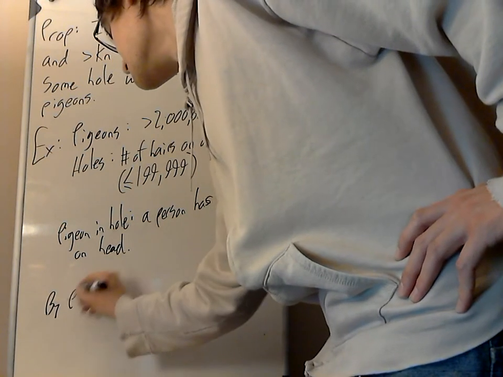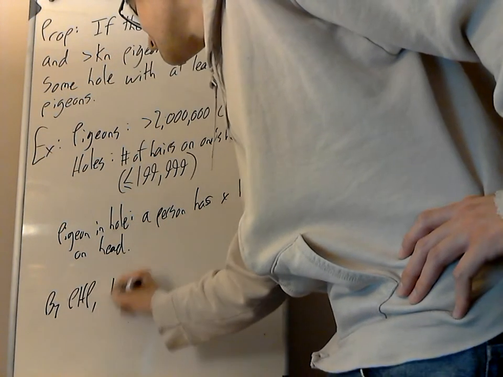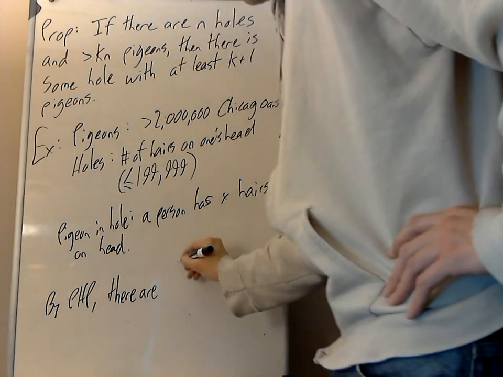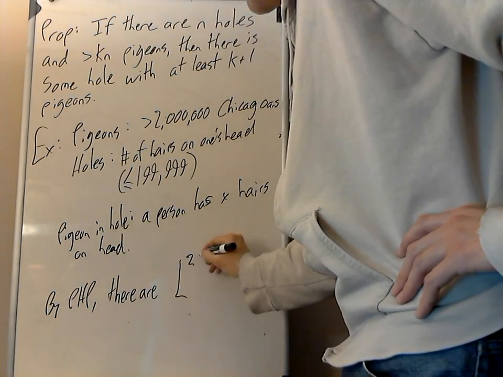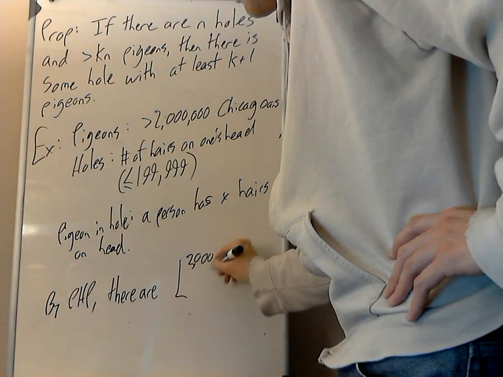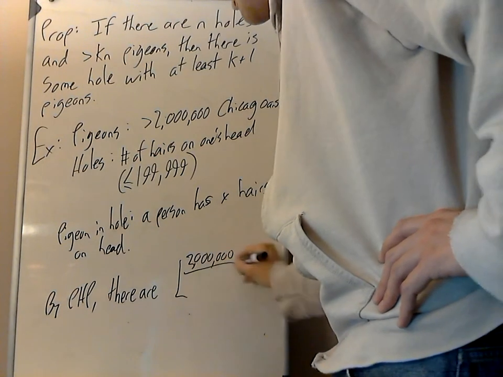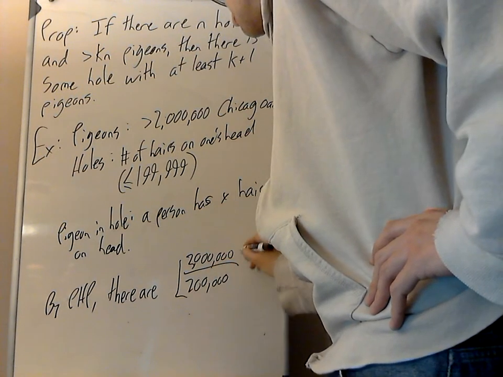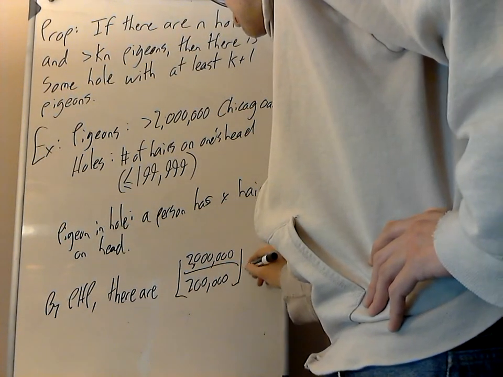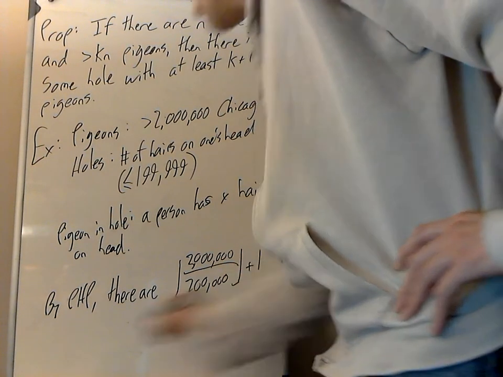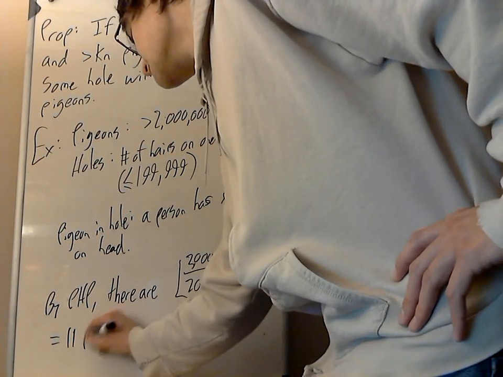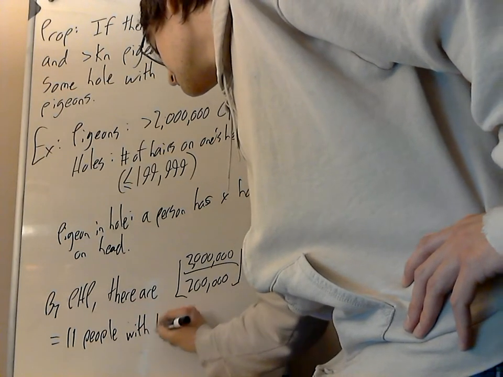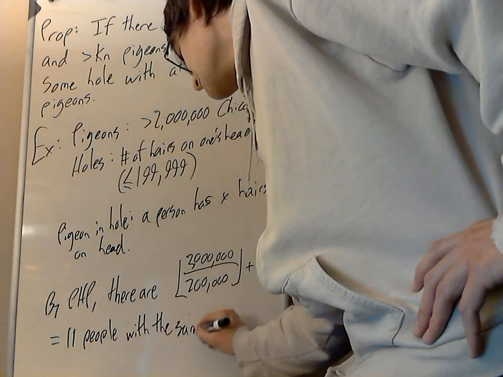So by the pigeonhole principle, there are the floor of 2 million over 200,000 plus 1, that is 11 people with the same number of hairs on their head.